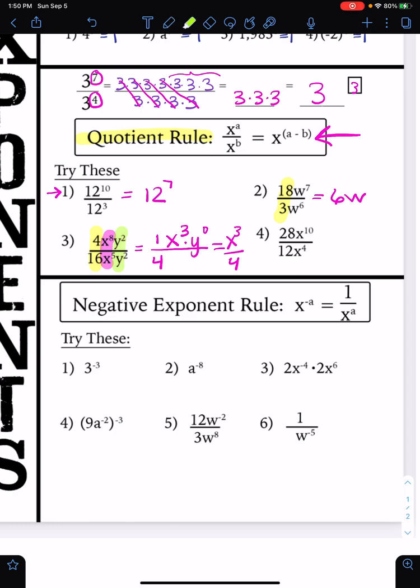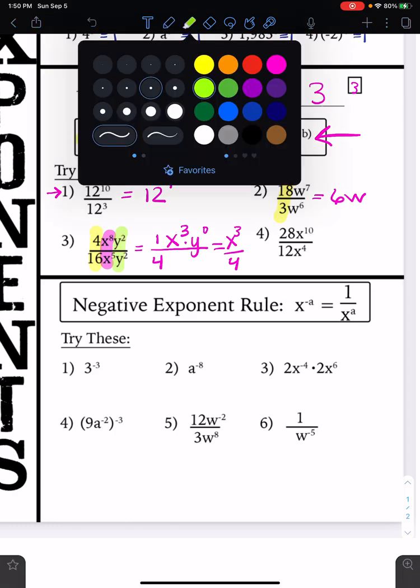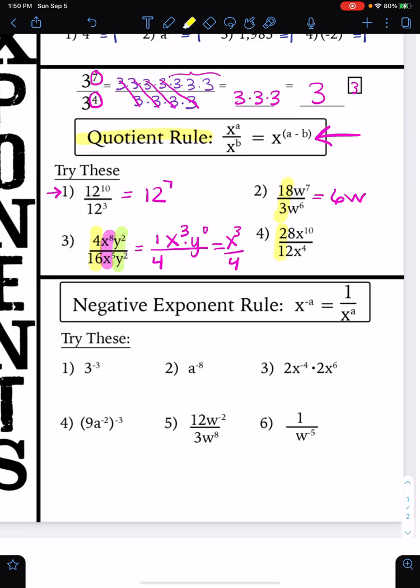All right, moving right along here. Let me switch to yellow. 28 divided by 12. Well, 12 doesn't go into 28 evenly, but we can simplify that. Remember, treat it like a fraction. If I divide 28 and 12 by 4, I get 7 over, whoops, wanted me to do straight lines, over 3, because 28 divided by 4 is 7 and 12 divided by 4 is 3, and then I can deal with that variable part.